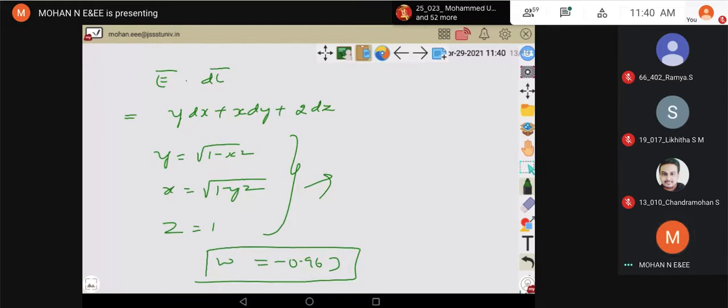Work done is negative. Work done is done by the electric field. Correct? Yes or no?